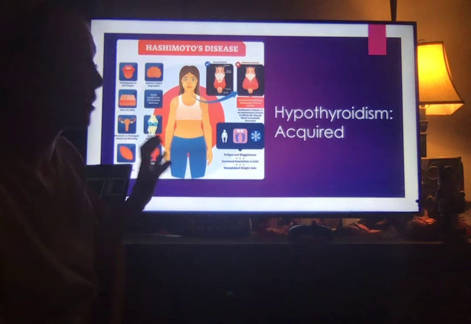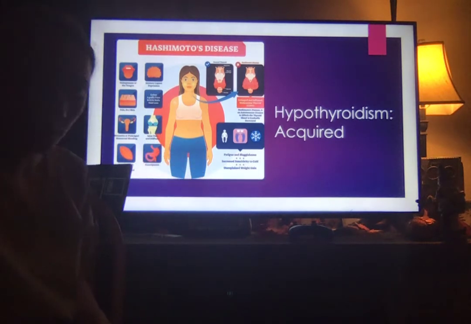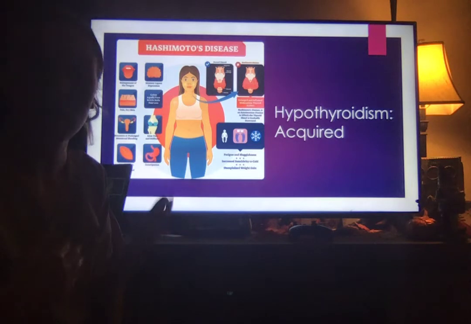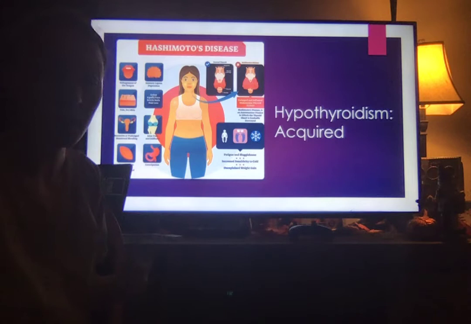So acquired hypothyroidism, the most common one is Hashimoto disease. And Hashimoto's disease, it's an autoimmune disorder. So instead of just the normal thyroid panels where you have your T3, T4, and your TSH, you're also going to check their thyroid peroxidase, because that is going to tell you whether or not it is an autoimmune disorder.